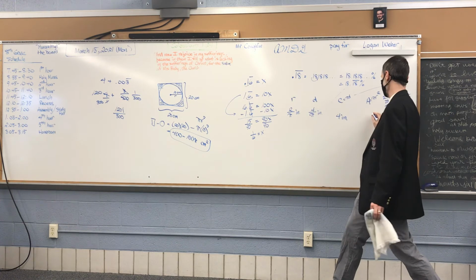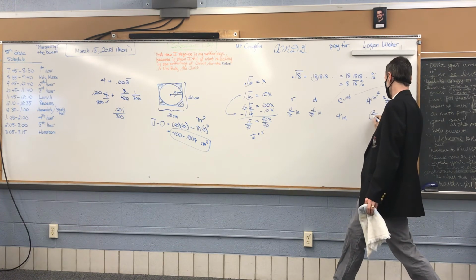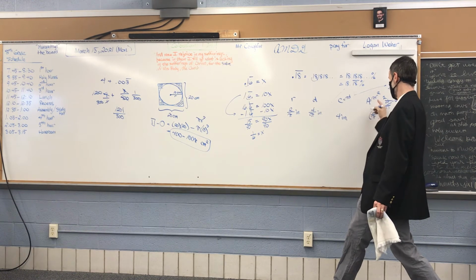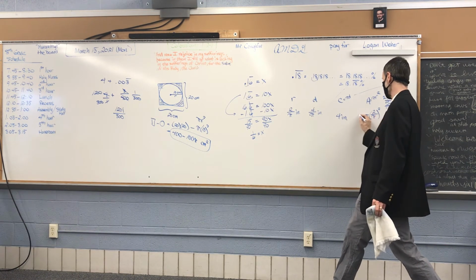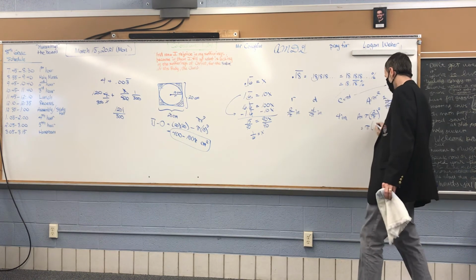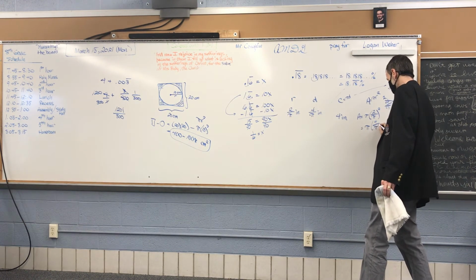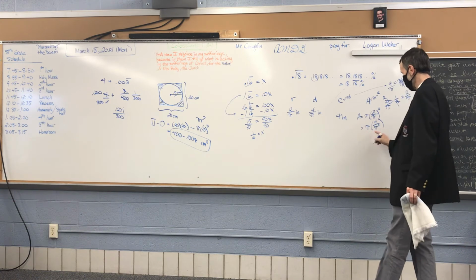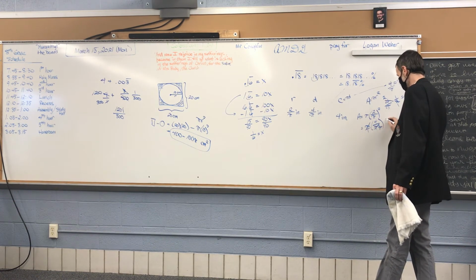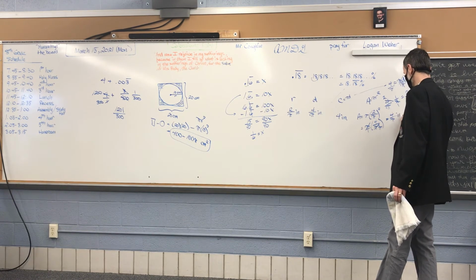You square that, and then multiply it by pi. So pi times radius squared is this. It's going to be pi times 2 over pi squared. One of the pi's will cancel. It'll leave 4 over pi. Just don't forget to put square inches.